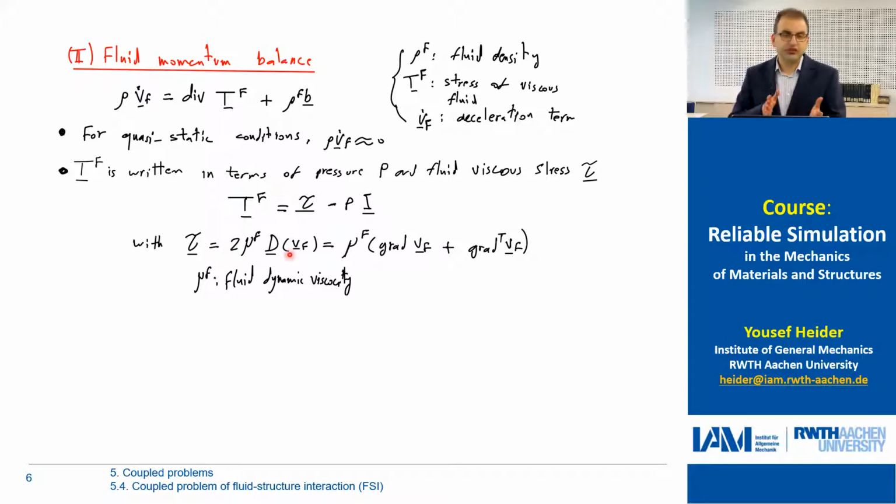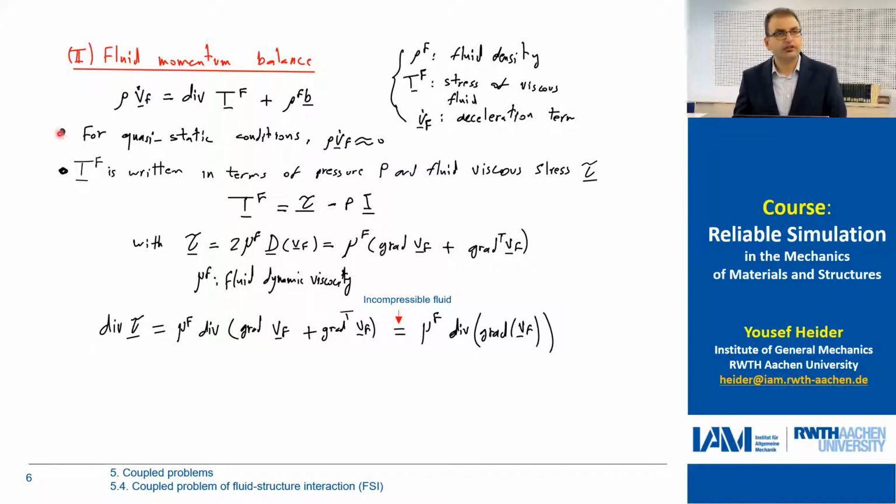We have only shear stress due to the viscosity of the fluid, and this can be written as mu f times gradient of Vf plus gradient of Vf transpose. And mu f would be the fluid dynamic viscosity, which is the only parameter related to the fluid which is needed in this treatment. If we look at the equation, we would have at some point divergence of tau. So divergence of tau would be then written in this form for incompressible fluid. We would have mu f divergence gradient of Vf.